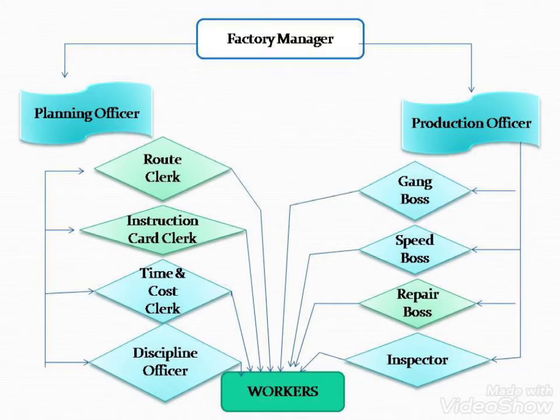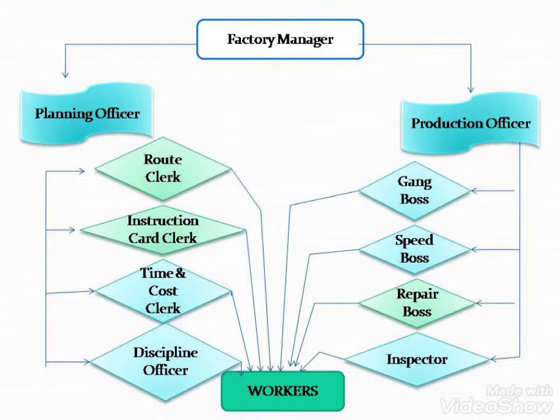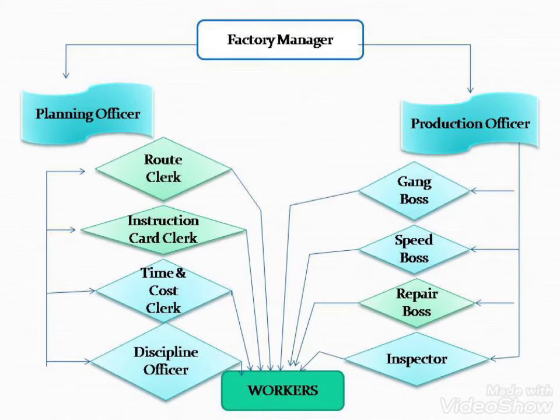The total 8 foremen are there, under whom the workers are there. Under the planning officer, there is one route clerk. The route clerk determines the routes through which the raw materials will pass. For this, a route sheet is prepared by him.